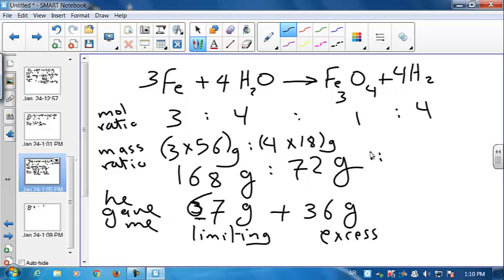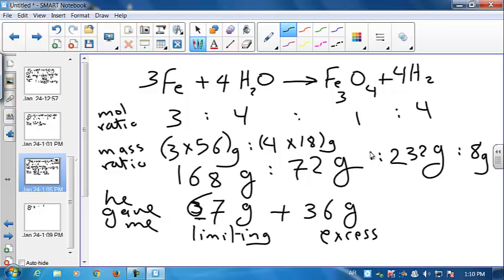Please help me to get the molar mass. Again, 56 multiplied by 3 plus 64. It will be 232 grams, and 4 hydrogen means 8 grams. So this is the complete mass ratio.